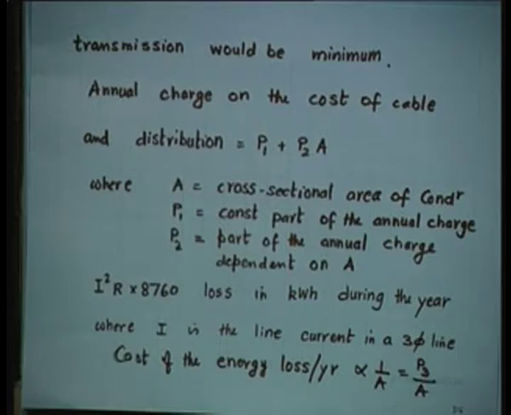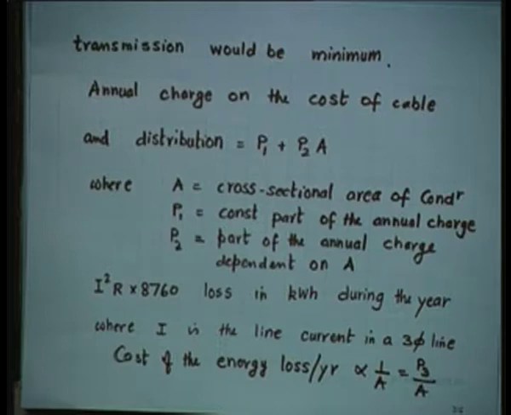I is the line current in the 3-phase line. So, the cost of energy loss per year is proportional to 1 by A, the rest of the things are constant, because R depends on rho L by A.